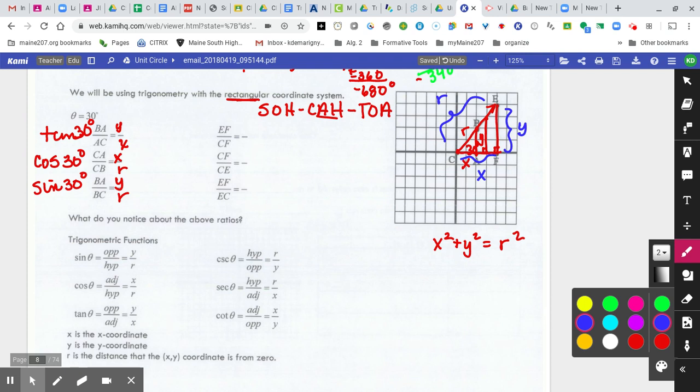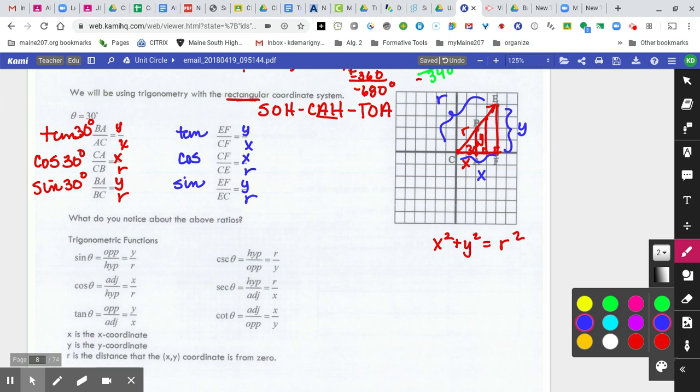Your EF over CF would be a Y over an X. Your CF over CE would be an X over R. And your EF over EC would be an opposite over a hypotenuse, a Y over an R. Again, this is still going to be a tan, this is still going to be a cosine, and this is still going to be a sine. Each one of these was at 30 degrees.